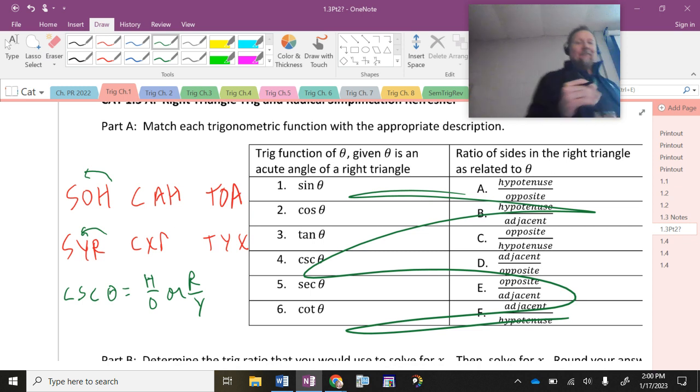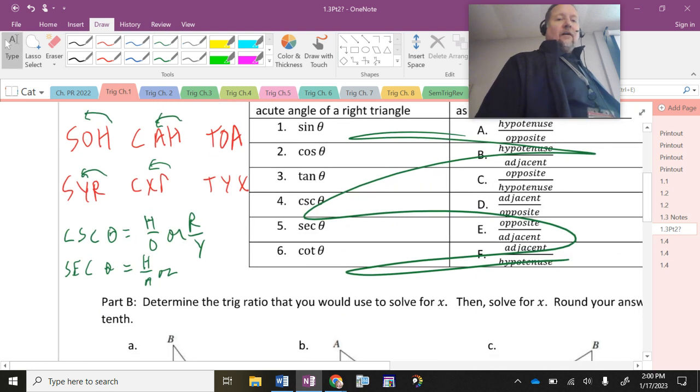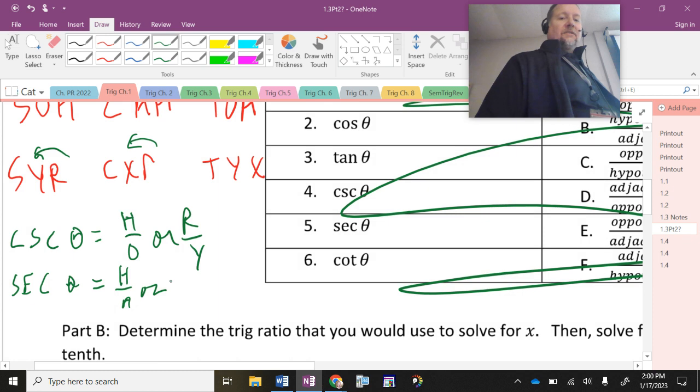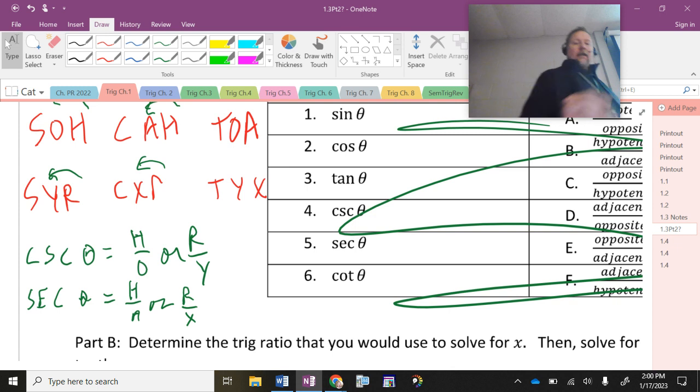This is a review, by the way. All right, and then secant is related to cosine, so secant is H over A, or R over X. So that's why I still write CAST above a secant question, but then do an arrow going in the opposite direction for R over X. Ran out of room for cotan.